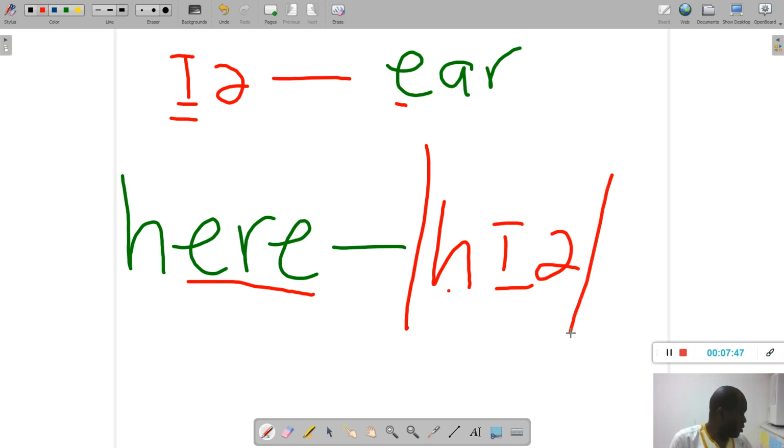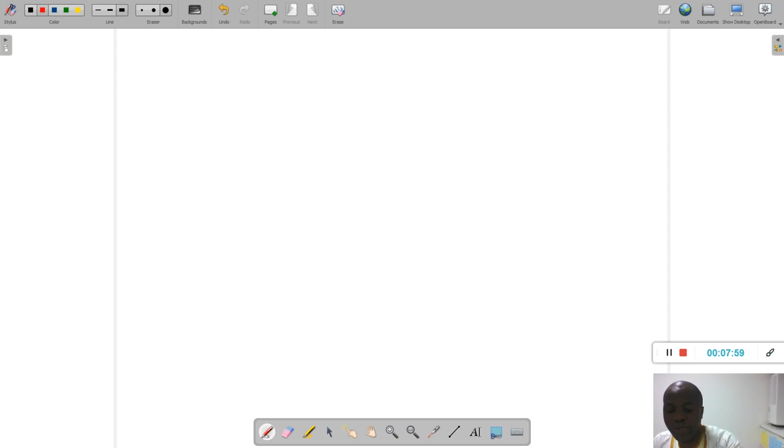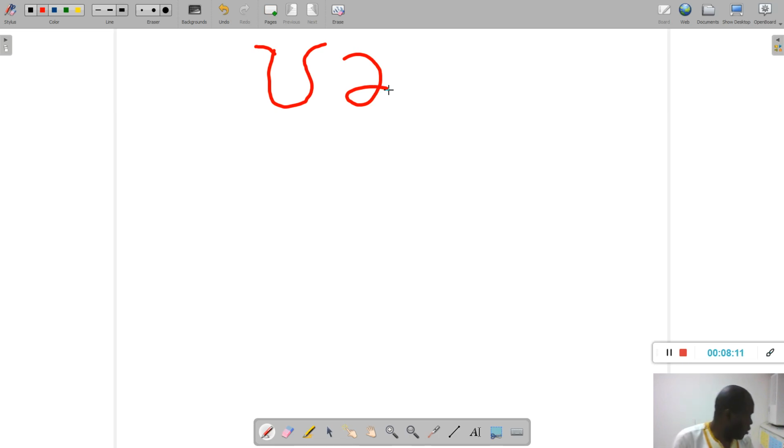Let's go through our next. Our next is where. That's our next. So where is represented by O and O, and it's pronounced where. And we have an example word like sure.